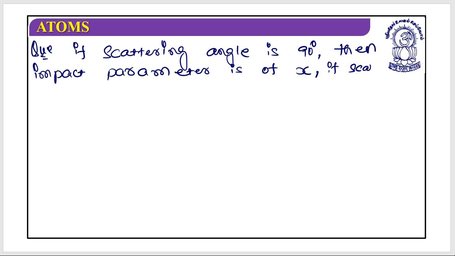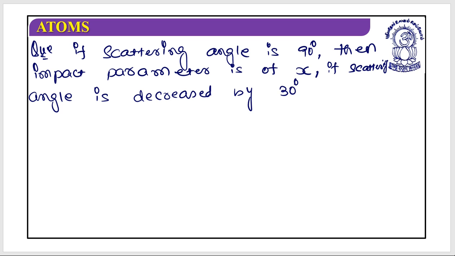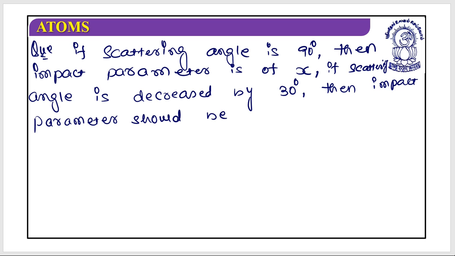If the scattering angle is decreased by 30 degree, then the impact parameter should be y.